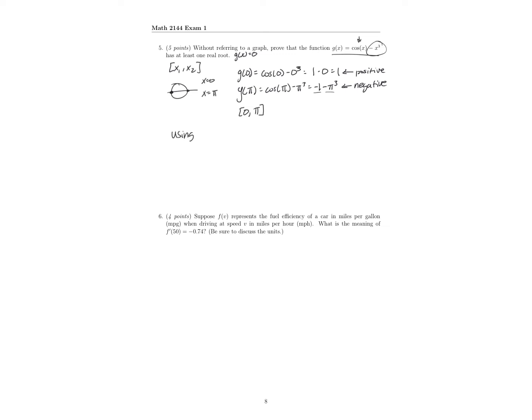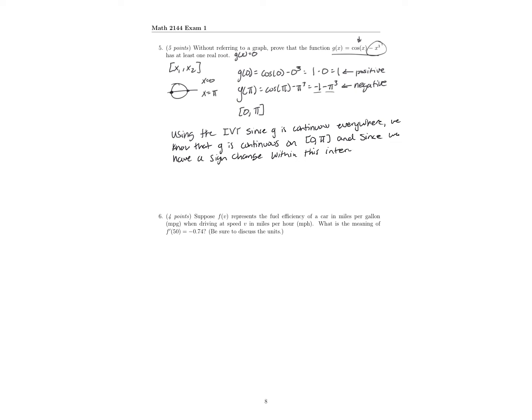So then, using the intermediate value theorem, since g is continuous everywhere, because we have the sum of a cosine function, which is continuous everywhere, and a polynomial, we know that g is continuous on the closed interval 0 to pi, and since we have a sign change within this interval, there must be a root in that closed interval.